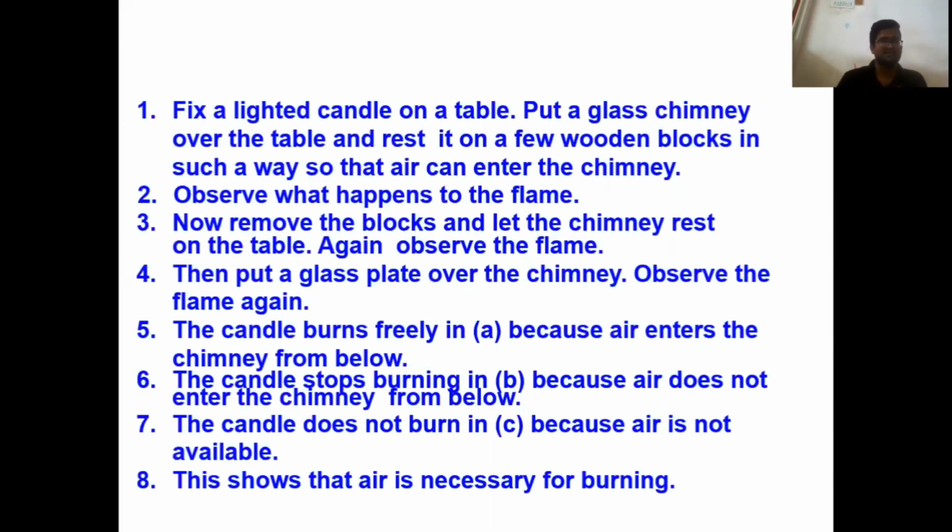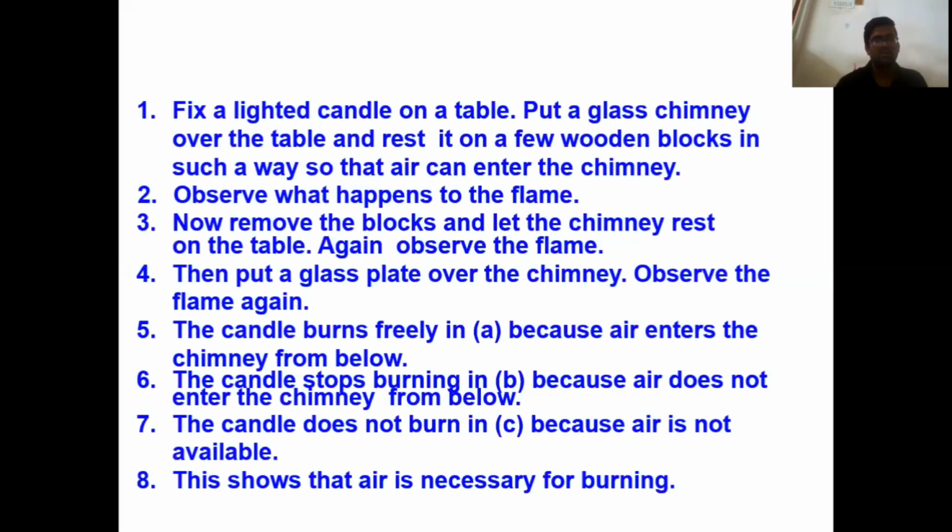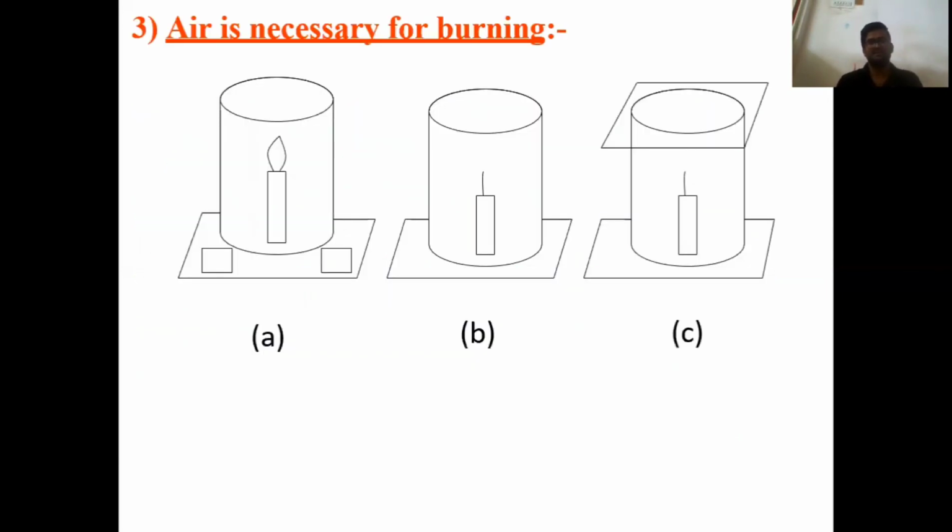In the first step, fix a lighted candle on a table. Put a glass chimney over the candle and rest it on a few wooden blocks, which is shown in figure A, in such a way that air can enter the chimney. Observe what happens to the flame. Yes, the flame is burning.